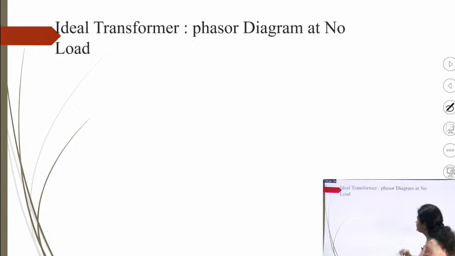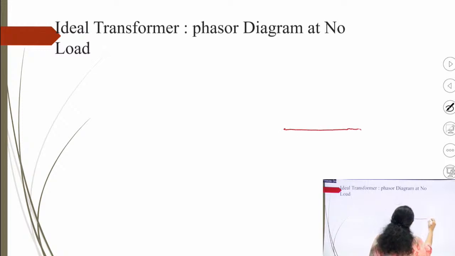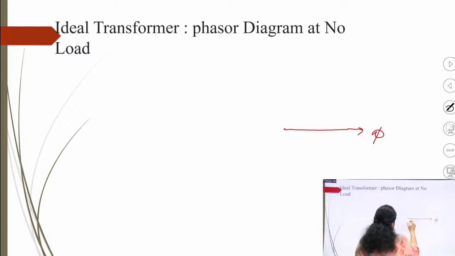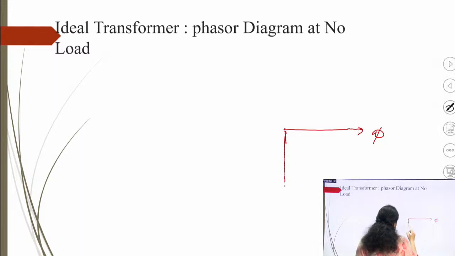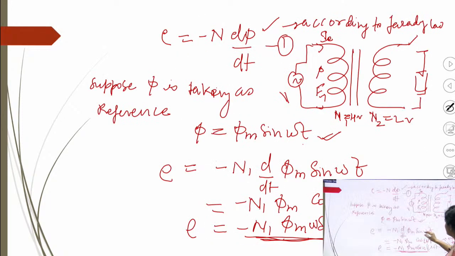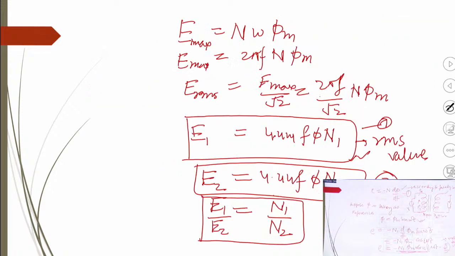So now we will develop the phasor diagram at no load. I have taken the flux as the reference, phi m sin omega t, and the voltage induced by this flux is 90 degrees lagging with this flux, because of the expression sin omega t minus pi by 2.